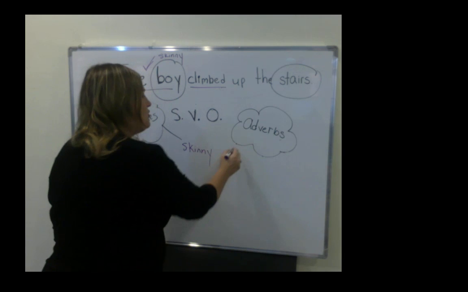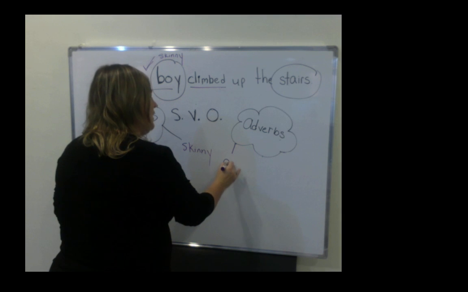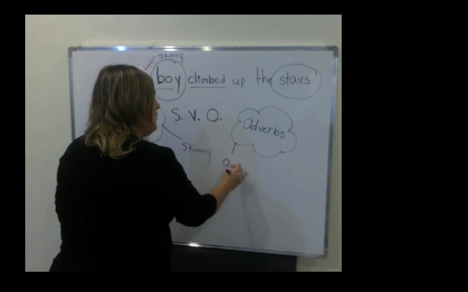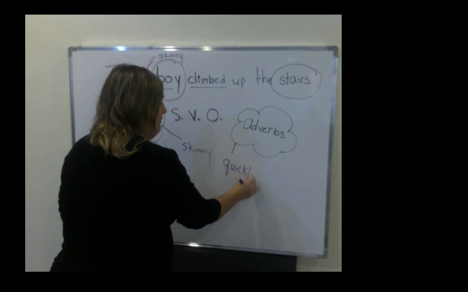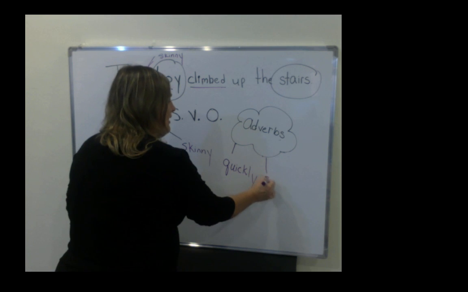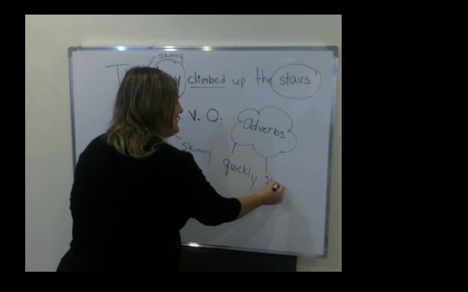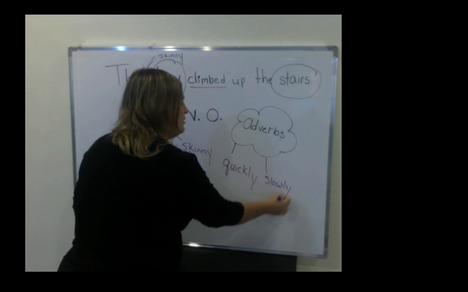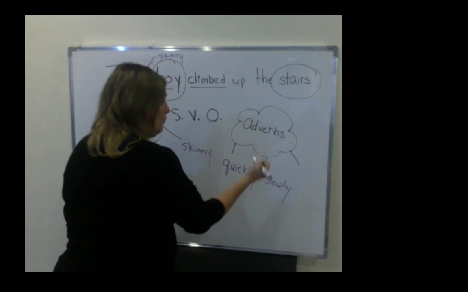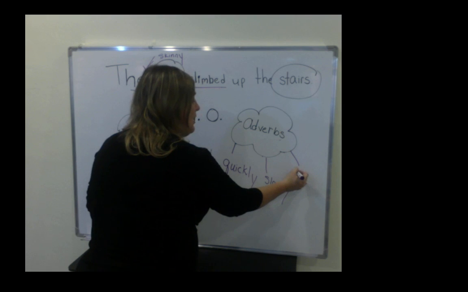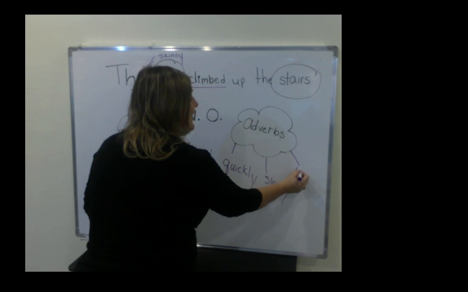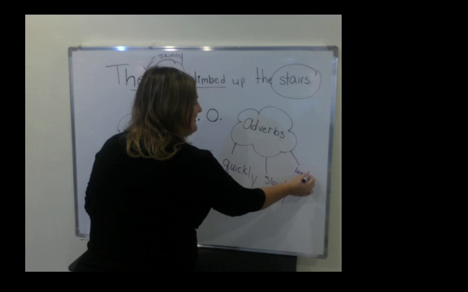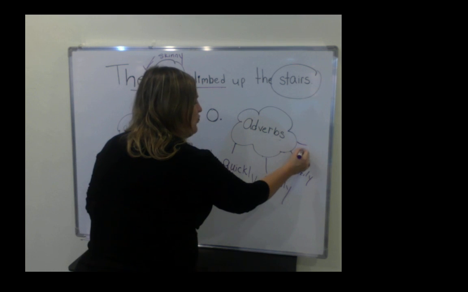So let's brainstorm. What are some different ways to climb up something? We can climb up quickly. The opposite of that, the antonym of quickly, we can climb up slowly. Or maybe we might climb up lazily, angrily.